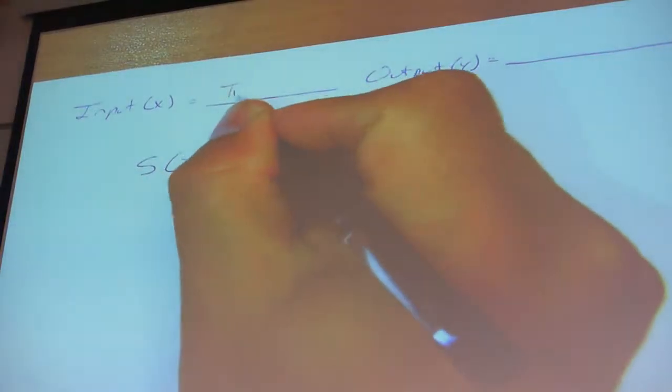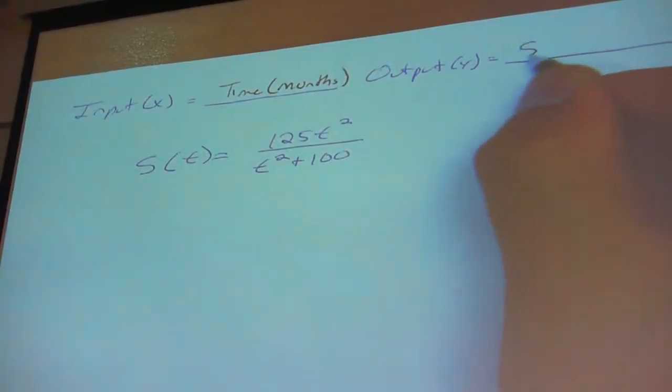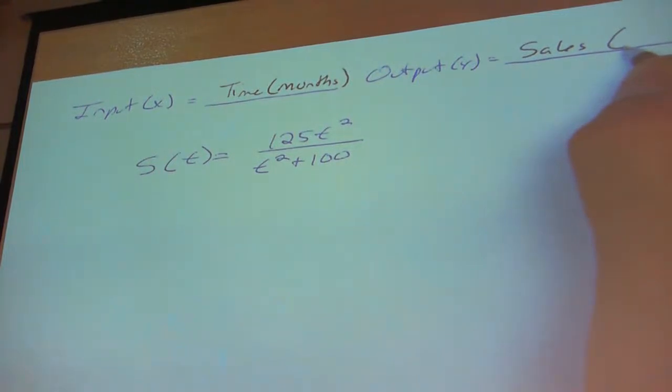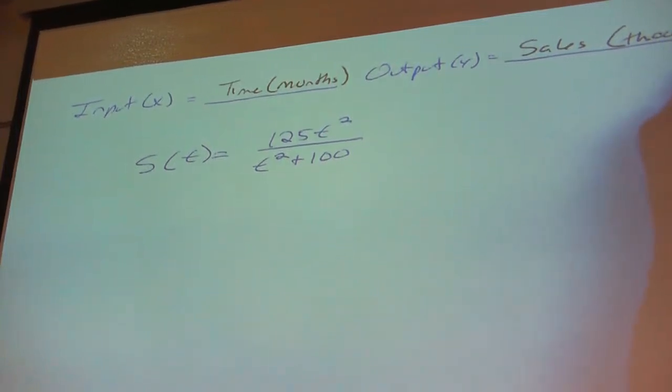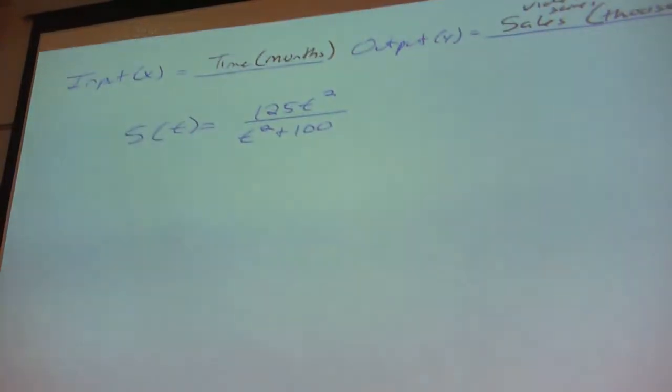Time and months. Okay. What is my output? Sales in thousands. And sales of what? What are we selling? Video game sales. Okay, so that's number 1.